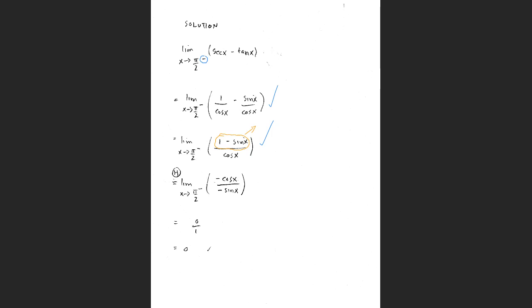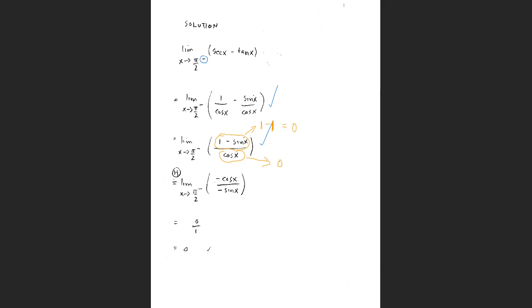So 1 minus 1 is 0. So this is approaching 1 minus 1, which is 0, right? The numerator is approaching 0. What's the cosine of 90 degrees? That's 0 also. So, okay, we can use L'Hopital's rule. We have indeterminate form 0 over 0. Very good, everyone. So I'm going to apply L'Hopital's rule.